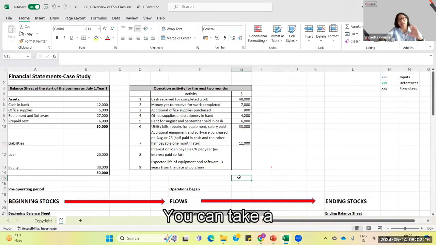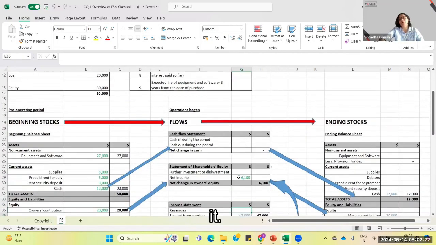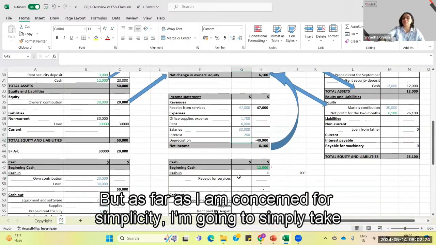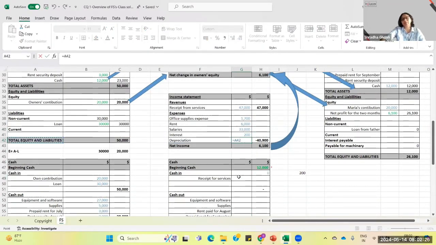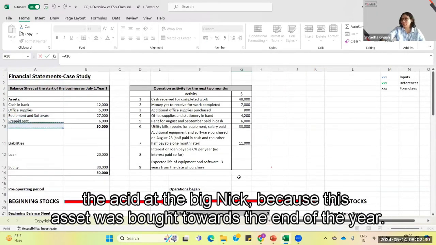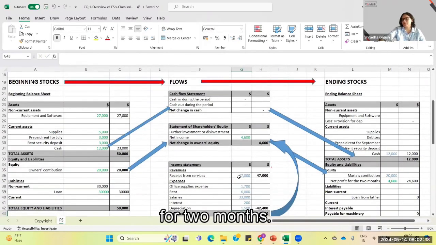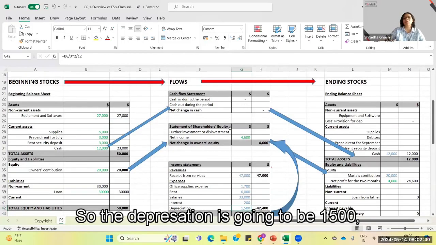If you want, you can take a monthly depreciation or your daily depreciation, and you can do it. But as far as I'm concerned, for simplicity, I'm going to simply take the asset at the beginning, because this asset was bought towards the end of the year. Okay. So I take the beginning, divided by 3, and I'm going to take the depreciation for 2 months. So the depreciation is going to be 1500.